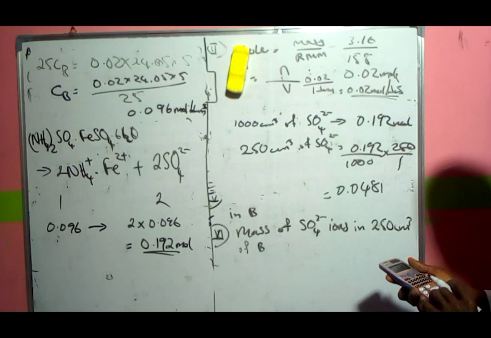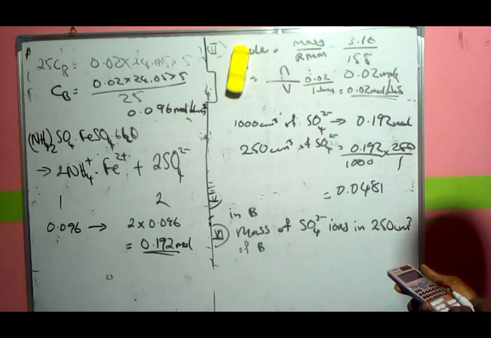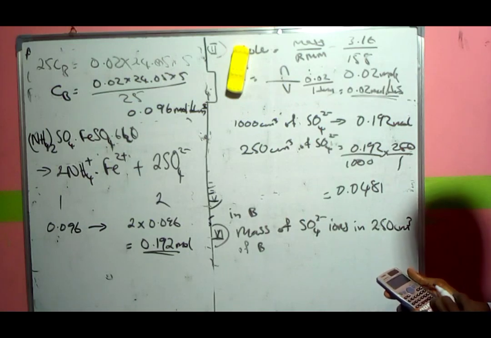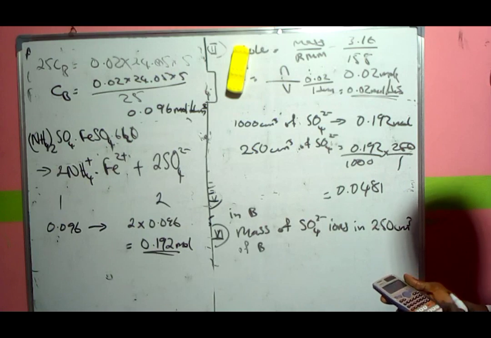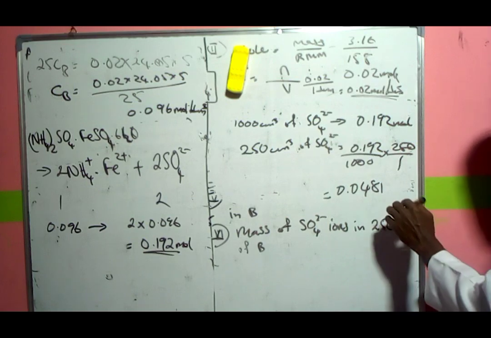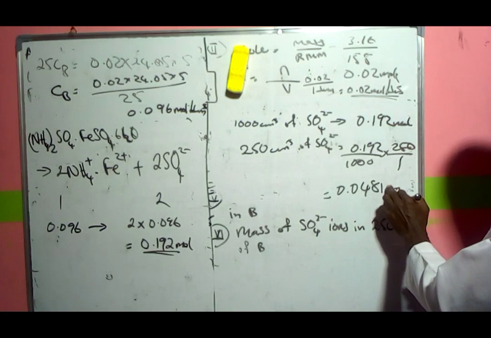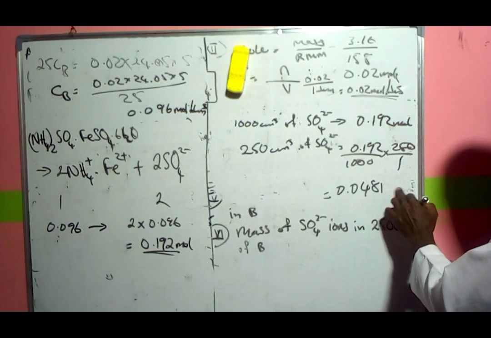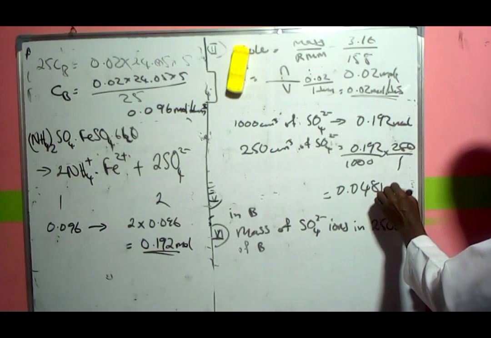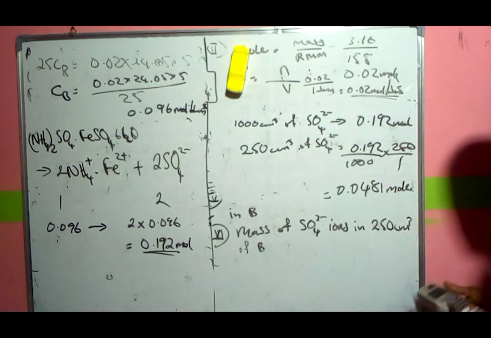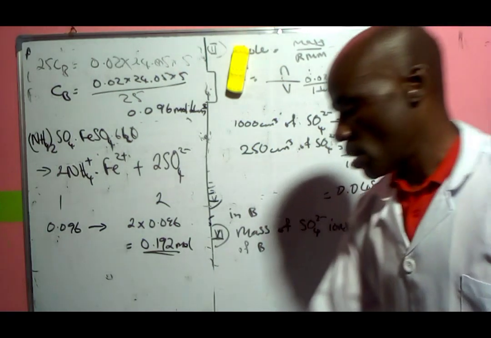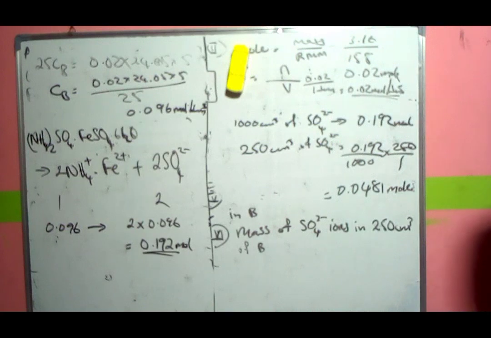Let's check it: 1 divided by 1000. Okay, all right, it's correct. So we have 0.0481 moles. This is the moles contained in 250 cm cube.